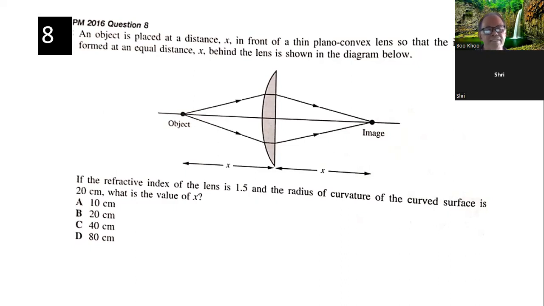If the refractive index of the lens is 1.5 and the radius of curvature of the surface is 20 cm, what is the value of x? Okay, what's the answer? Can or not?